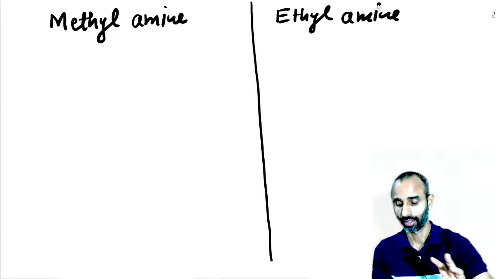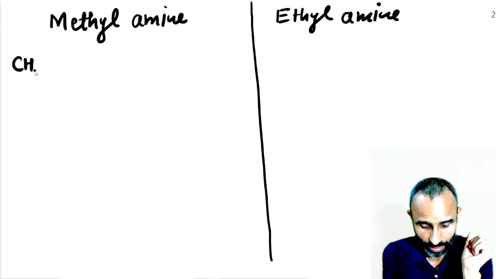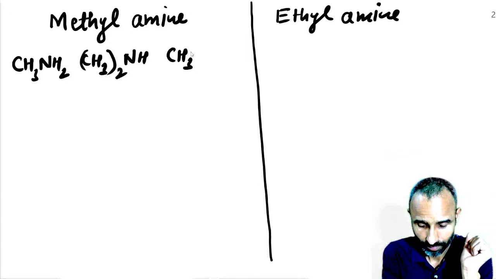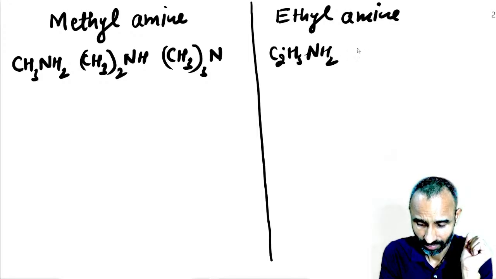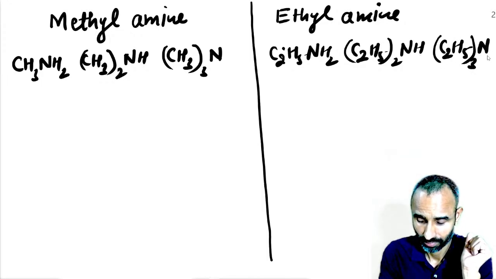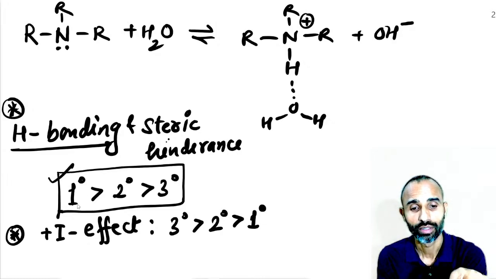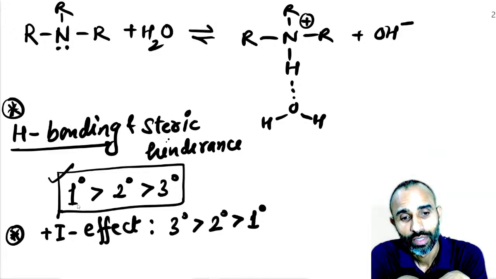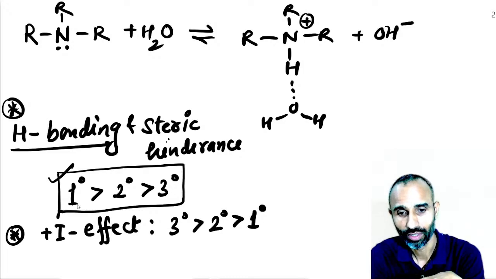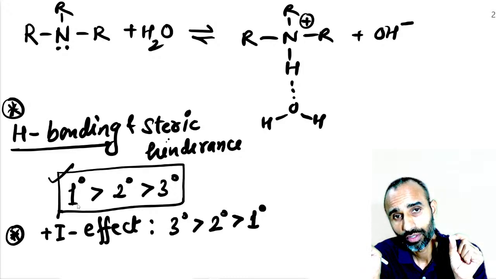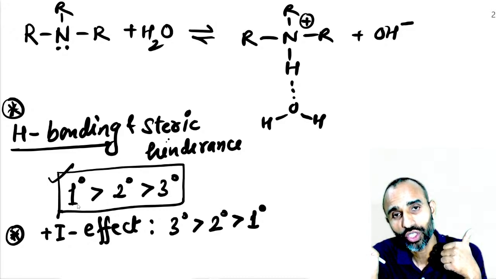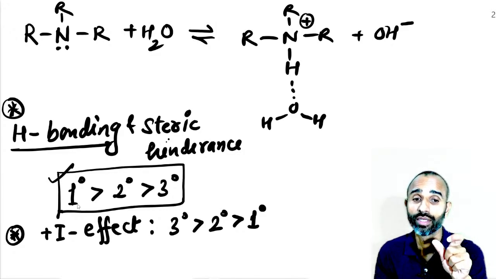So if we compare primary, secondary and tertiary amines, hydrogen bonding gives preference to primary amine and least preference to tertiary amine for basic character, and plus I effect gives more priority to tertiary amine than primary amine, and that's why secondary amine took advantage.